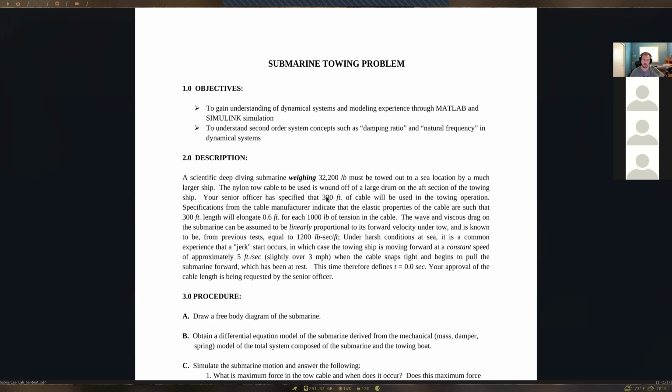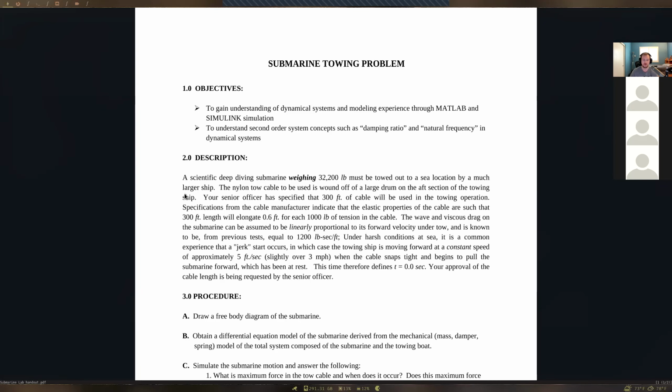There's a nylon towing cable that's going to be used. It's off the back of the ship. Your senior officer has specified that 300 feet of cable will be used in the towing operation. Specifications from the cable manufacturer indicate the elastic properties of the cable are such that 300 feet will elongate 0.6 feet for each 1,000 pounds of tension in the cable.